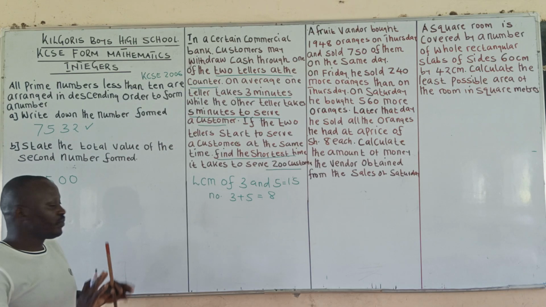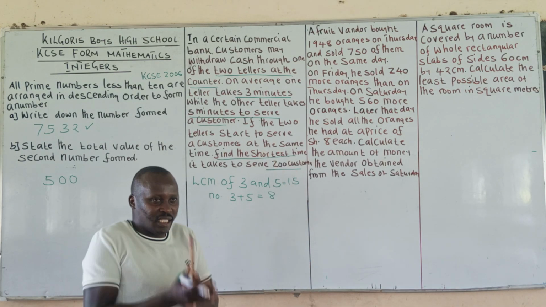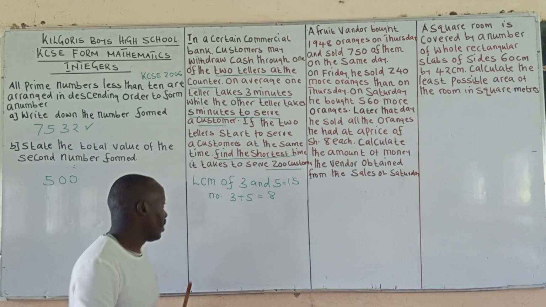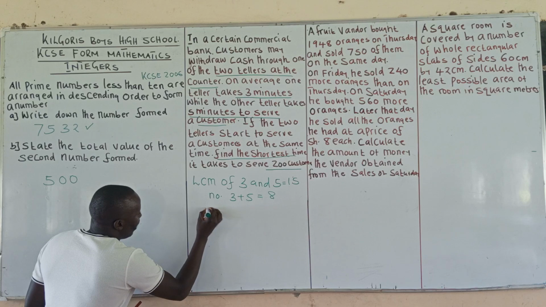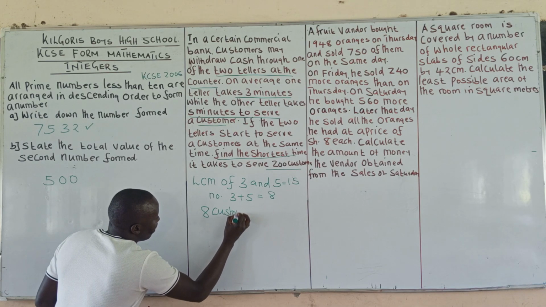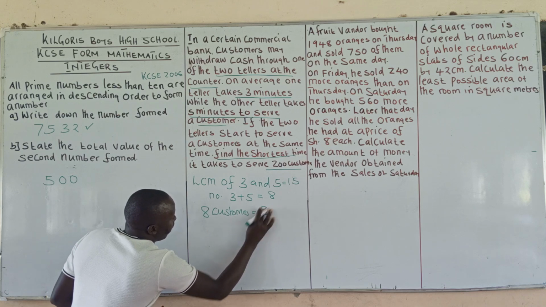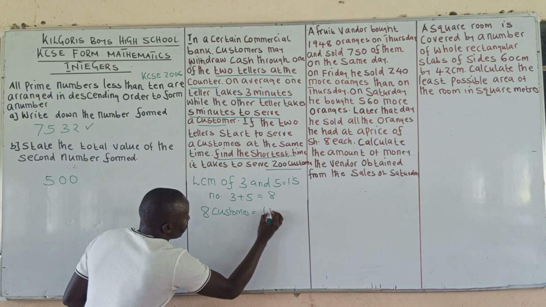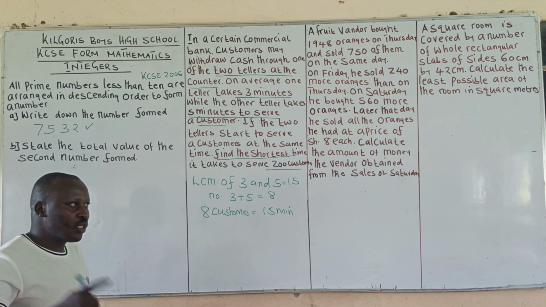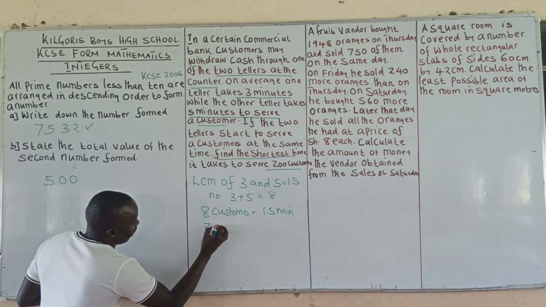It means that in 15 minutes, 8 customers are served. What is the shortest time required now to serve 200 customers?